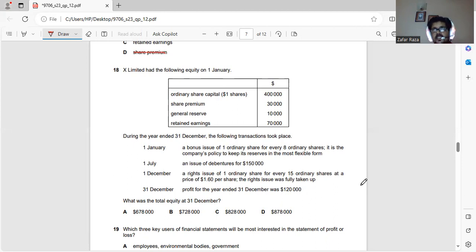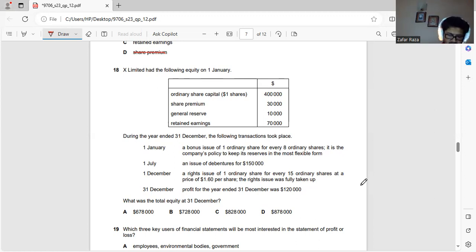Share premium 30,000. General reserve 10,000. Retained earnings 70,000. Now, a bonus issue of ordinary shares, one ordinary share for every 8 ordinary shares. It is the company's policy to keep its reserve in the most flexible form.